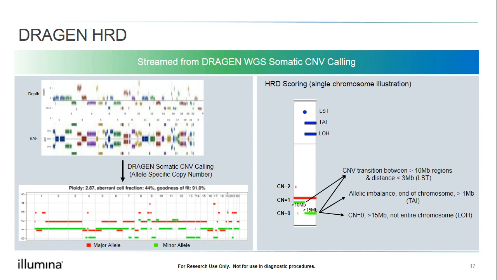For example, for copy number 0, we see that the loss of heterozygosity is greater than 15 megabases, and that means you have an LOH positive, a score that will add towards the HRD. Similarly for the TAI and the LST. So that's just a quick example of how the score is computed.